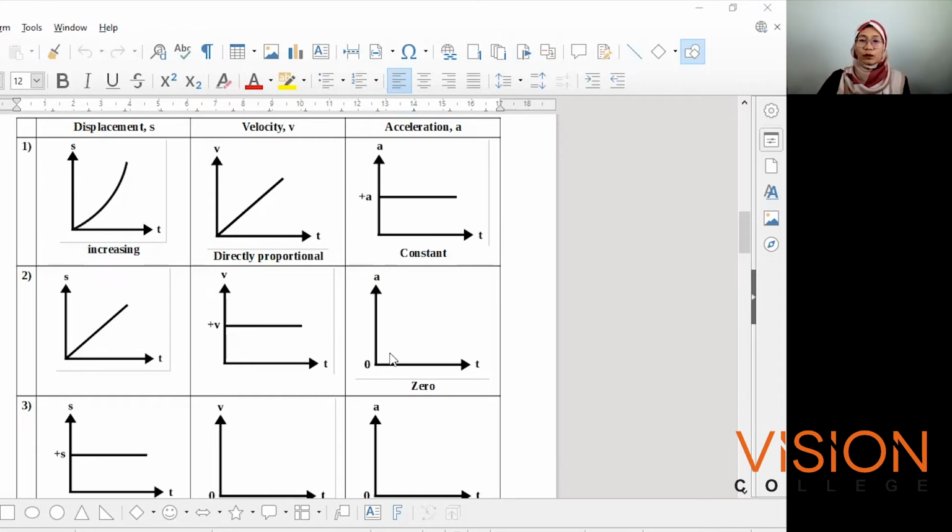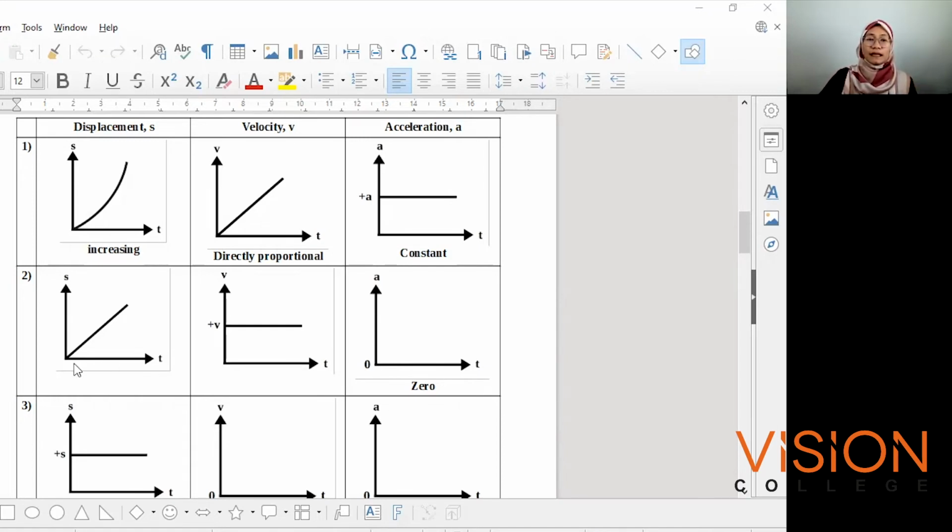Acceleration will be zero. Because why? We know that acceleration means the increasing of velocity. If velocity is constant, constant means what? It is the same throughout. It means it doesn't change, isn't it? The value is the same. So if the velocity is constant, it didn't change, hence acceleration will be zero as well.